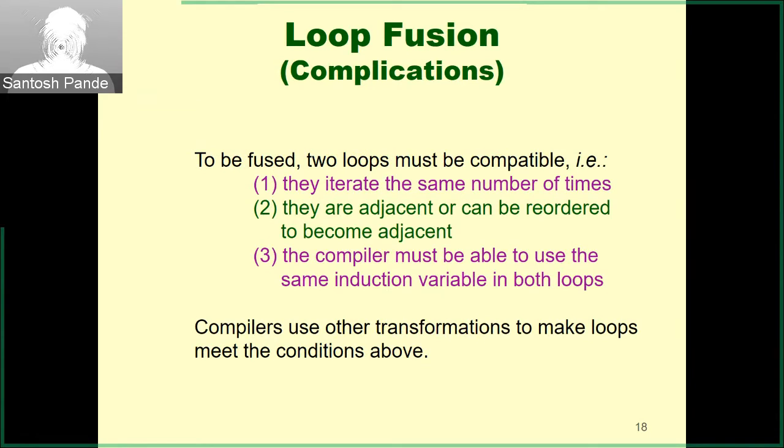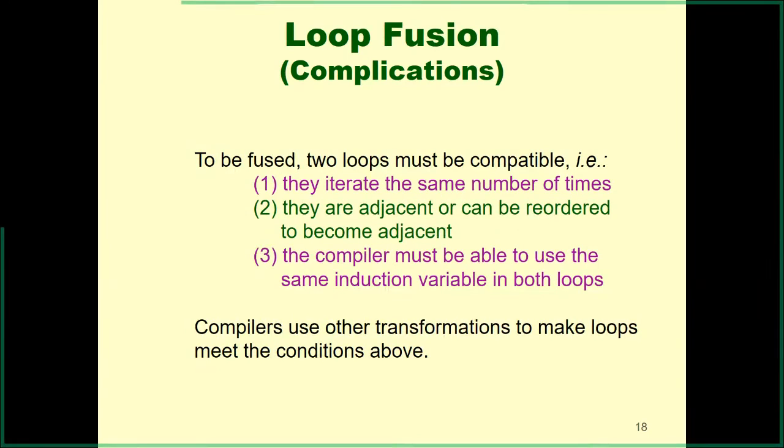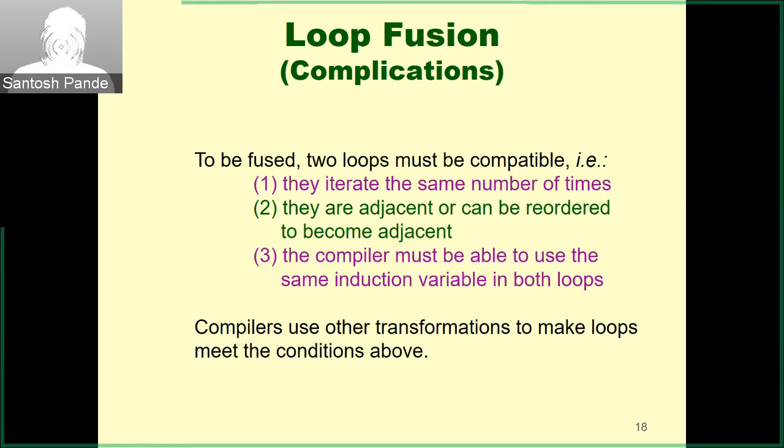So how do we really carry out fusion? The first criterion is they must iterate the same number of times. A big problem about fusion is, as I had mentioned earlier, we find loops which may be fusible in terms of the dependencies, but they have a different number of iterations. Maybe the first one executes 100 times, the second one executes only 95 times. Then what are we going to do?